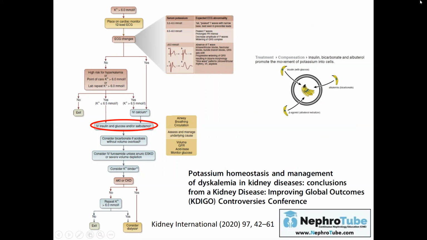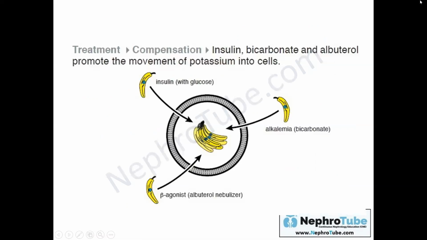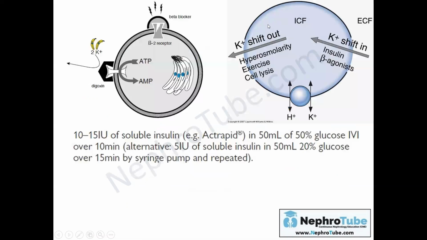Intravenous insulin and glucose, plus or minus salbutamol. Intravenous insulin and the beta-2 agonist both act by causing re-entry of potassium into the cell, and both do this by activation of the sodium-potassium pump. As we mentioned at the beginning of the lecture, beta blockers block the sodium-potassium pump, but beta agonists will activate it. Starting with insulin, how to give insulin?